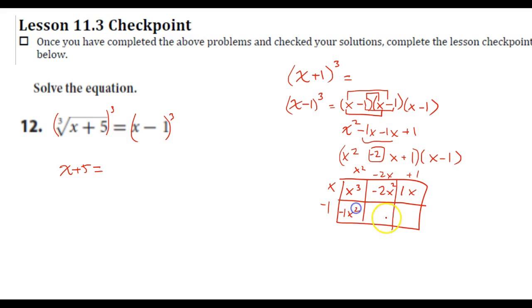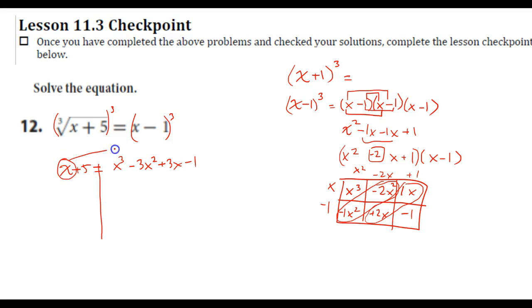Negative 1x squared plus 2x minus 1. So let's combine like terms here. That would be x to the third minus 3x squared plus 3x minus 1. So now let's move all of our terms over.